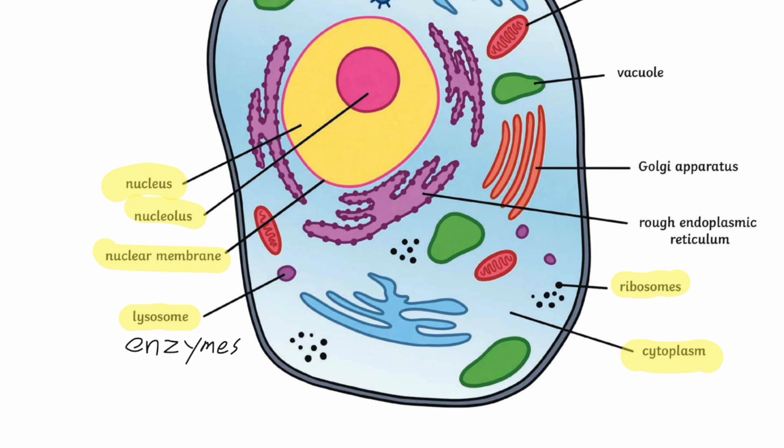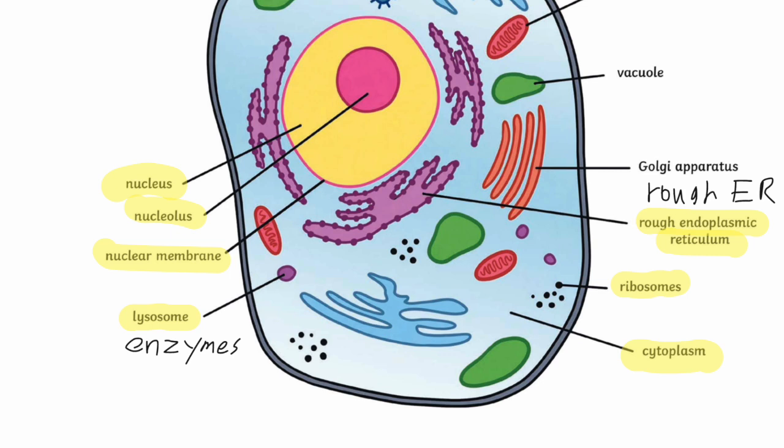Now we are at the rough endoplasmic reticulum. What is the rough endoplasmic reticulum? Endoplasmic reticulum can be shortened to ER. Now, what does the rough ER actually do? It is the place that produces proteins for the cells.